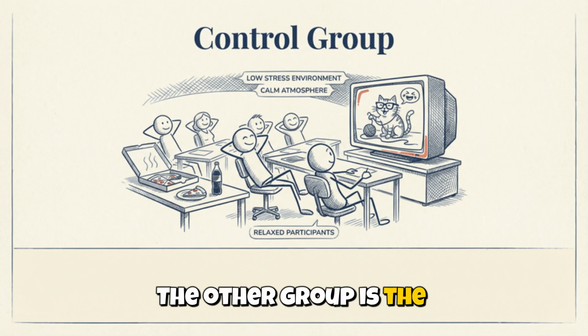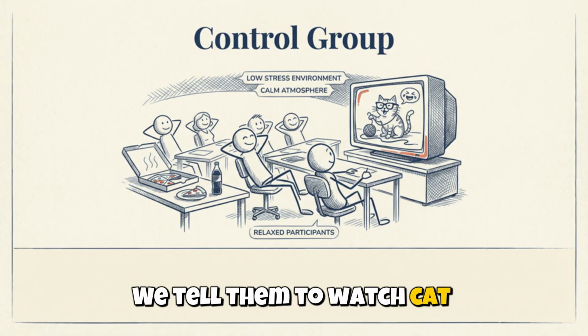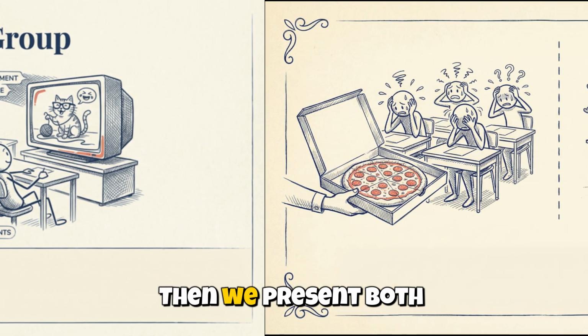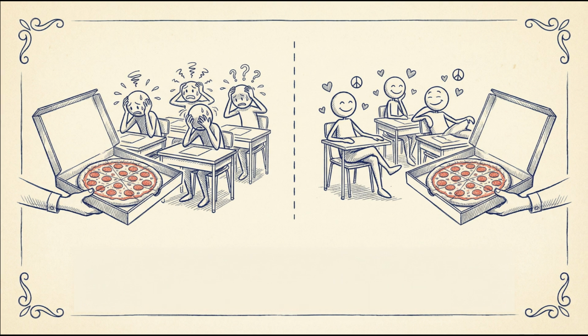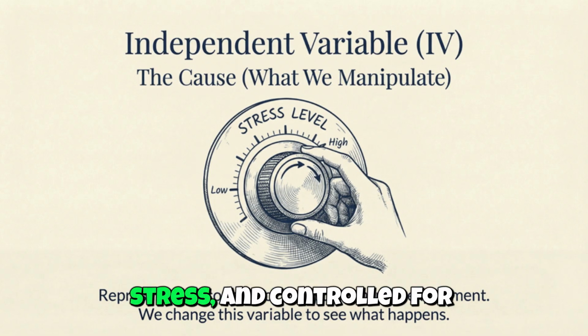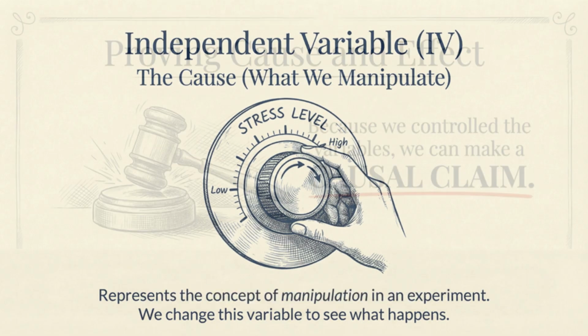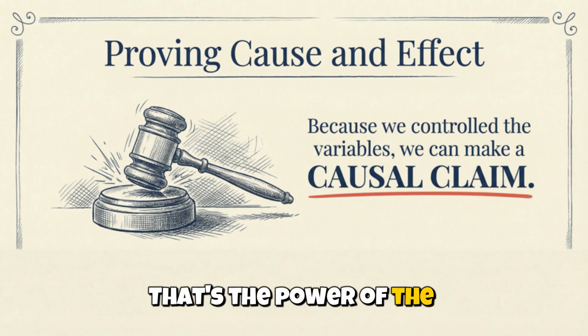The other group is the control group, and they get to relax. We tell them to watch cat videos. Then we present both groups with pizza and measure who eats more. Because we manipulated the independent variable, stress, and controlled for other factors, we can now make a causal claim. That's the power of the experiment.